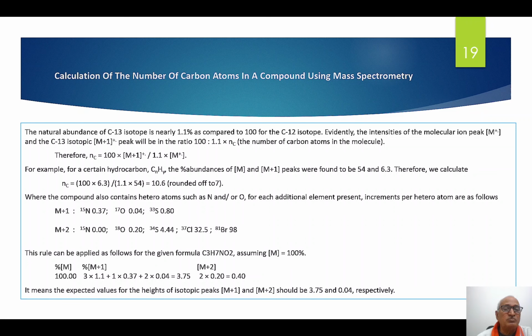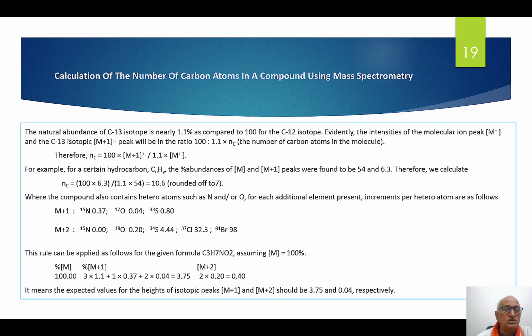Now, another example, where the compound also contains heteroatoms such as nitrogen or oxygen. For each additional element present, increments per heteroatom are as follows. M plus 1 due to nitrogen 15, 0.37; due to oxygen 17, 0.04; due to sulfur 33, 0.80.